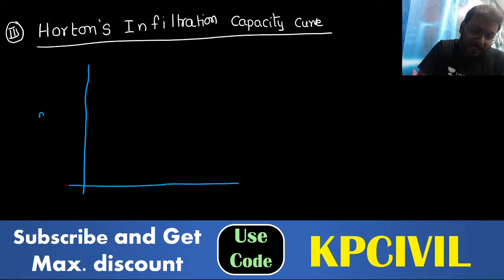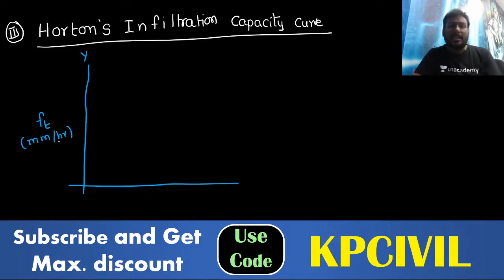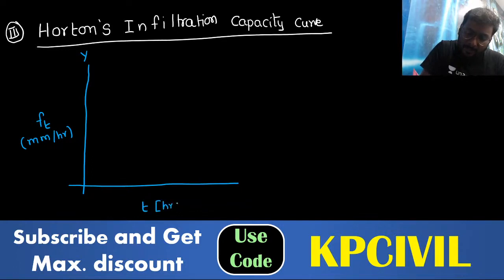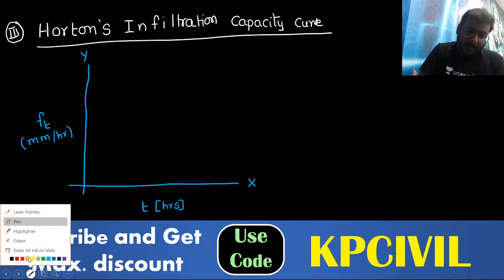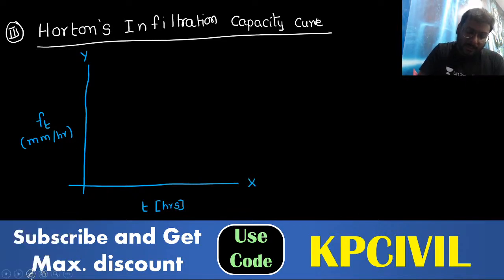So according to Horton, Ft is the infiltration rate at a specific time, written as Ft in mm per hour, with time duration taken in hours on the x-axis. Horton's infiltration curve is provided.